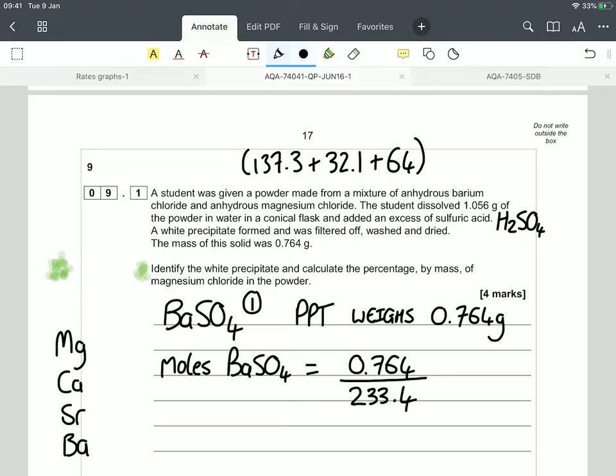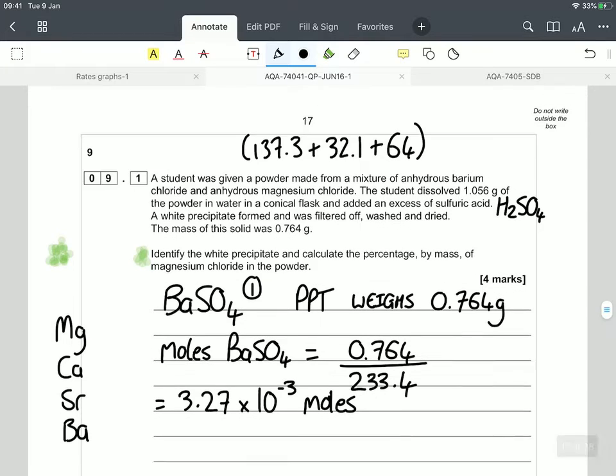So then I've still got the number in my calculator, so I'm just going to type 0.764 divided by answer. Okay, so we get 3.27, and then it's a long number, but that times 10 to the minus 3 moles. That's probably worth a mark for calculating the number of moles of barium sulfate.